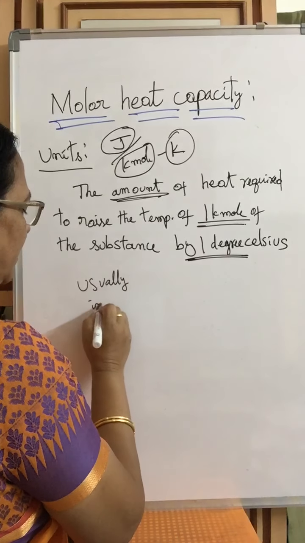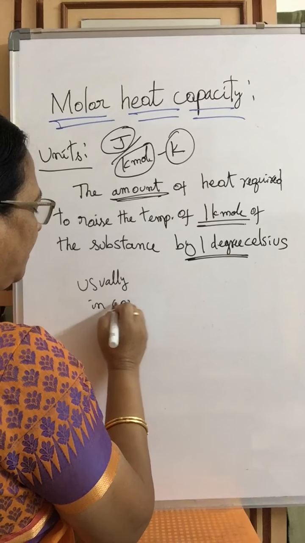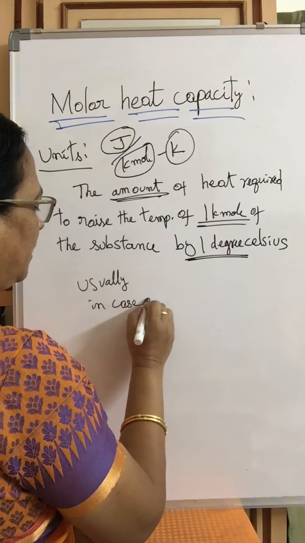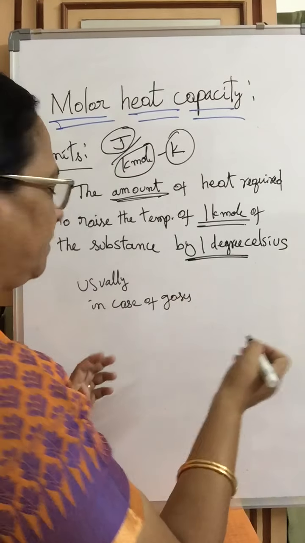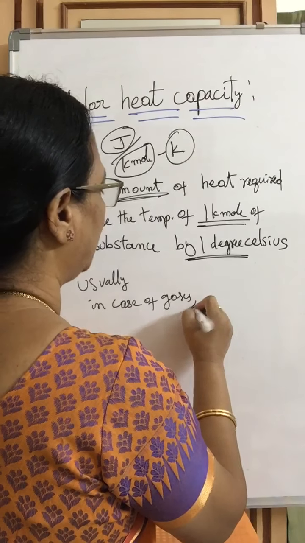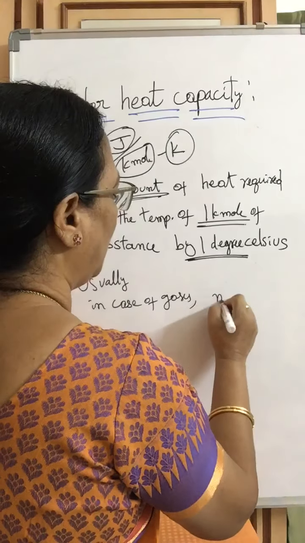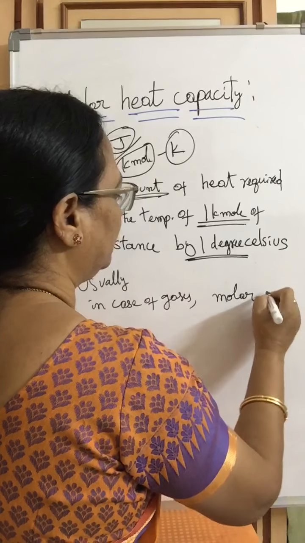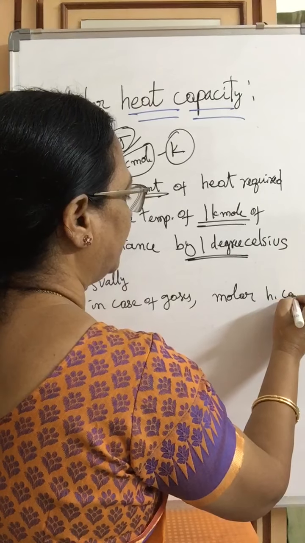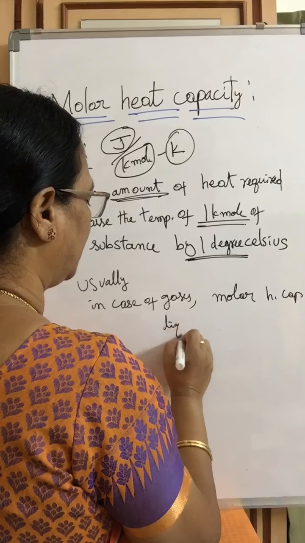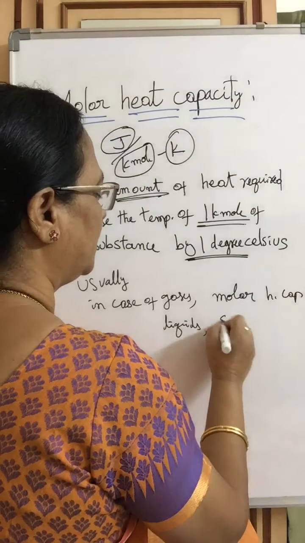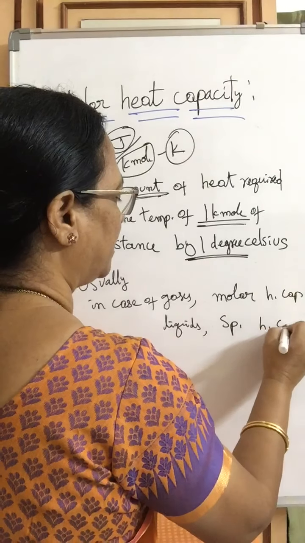Usually in case of gases, I say usually, not every time, we use molar heat capacity, and in case of liquids, specific heat capacity. Why?